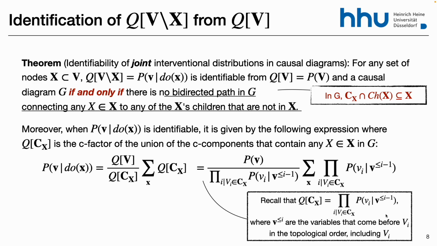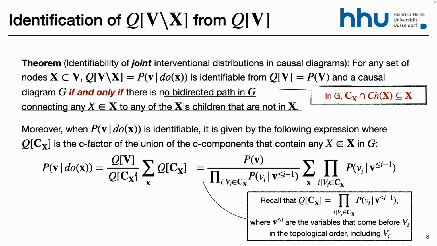And in the end, it was always the conditionals. Remember this? That's what I'm showing here. So it's the product of the conditionals of every variable given every variable before. If you just apply the lemmas in the previous lecture, you get this expression here.